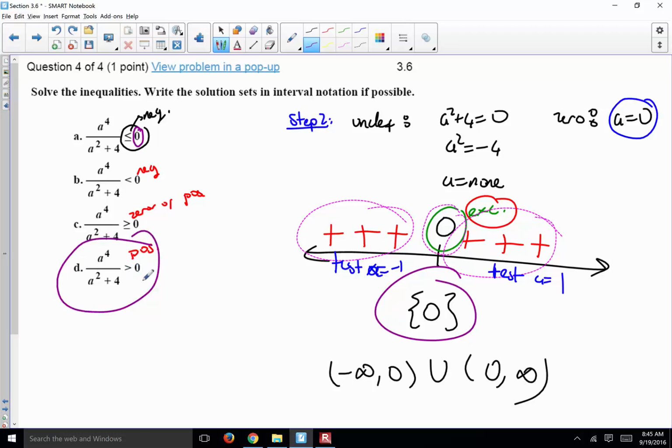But if you want to avoid 0, you need to take this value away from the real line. Negative infinity to 0 and 0 to infinity, the union of them, is the last part's answer. The other two cases are just the opposite of these situations. Never negative. 0 or positive, yes, everywhere. So you have either the empty set or the entire real line as their answers.